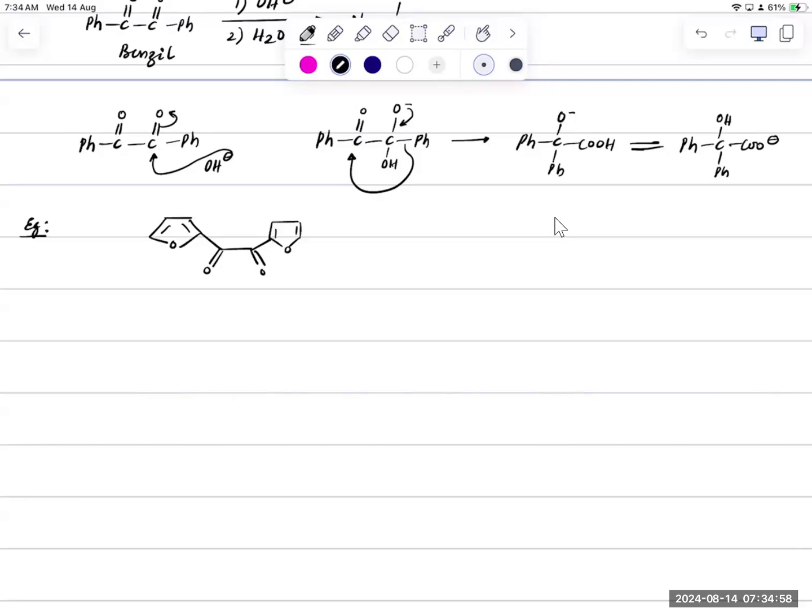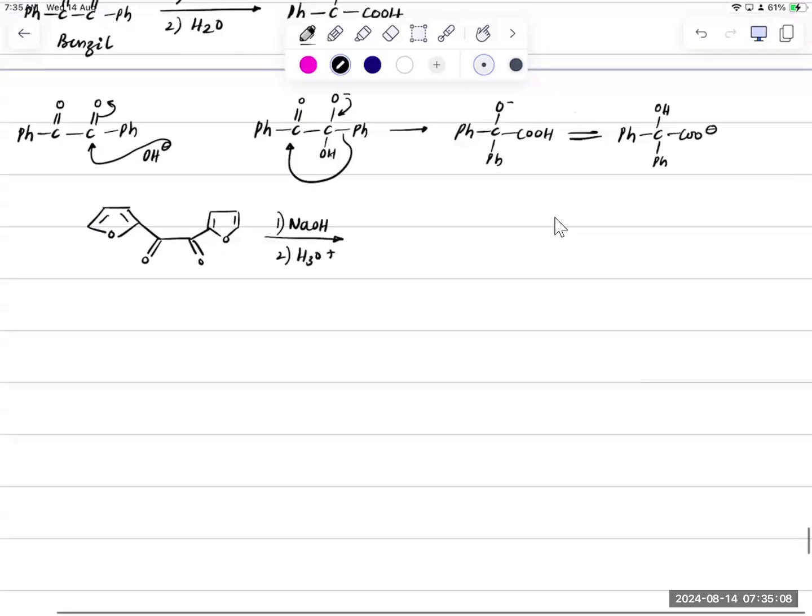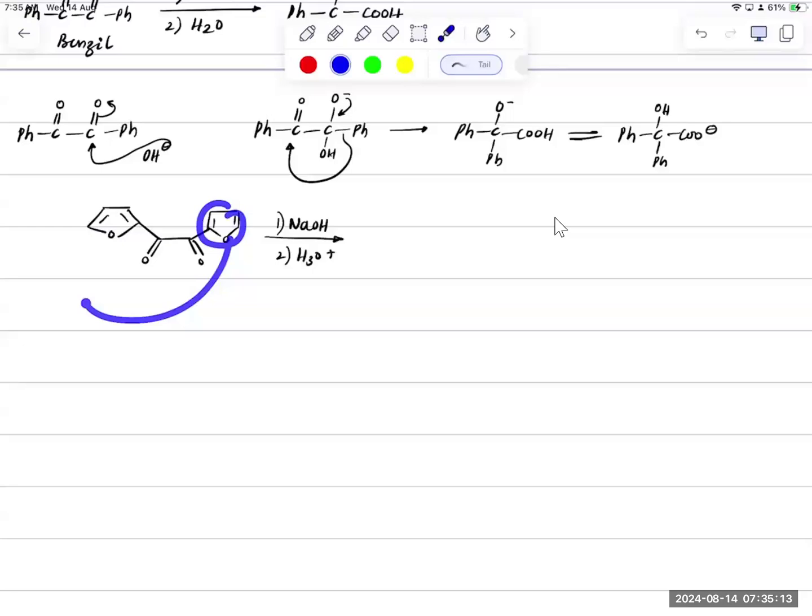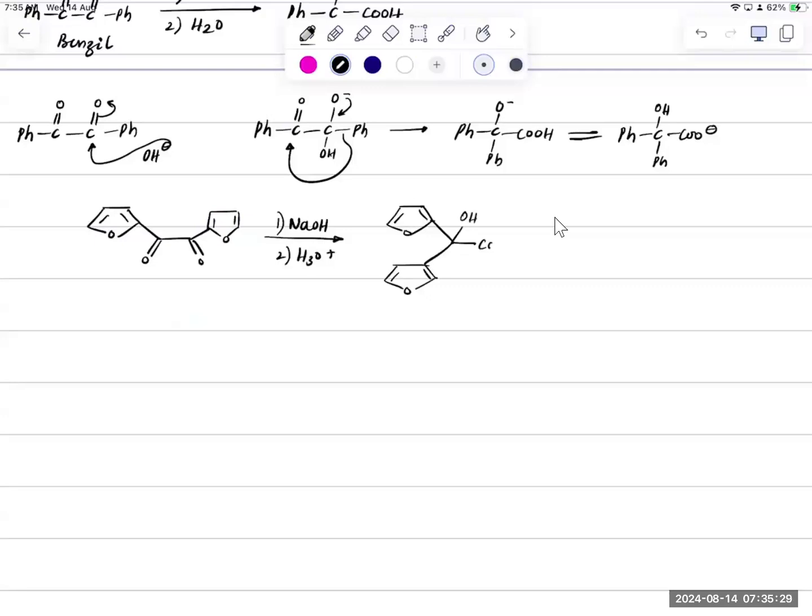This is a furfural, and if this first reacts with NaOH and then followed by hydrolysis, in that case, we will make sure that the furfural will shift on one side. So we will get 2 moles of furfural, this one connected to another furfural here, and that part will become alcohol and the other part will become acid, like this. This is the product formed.